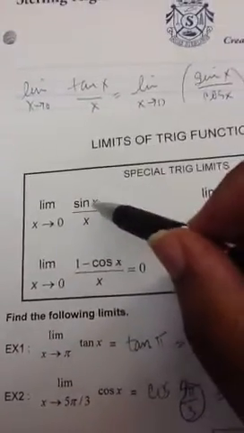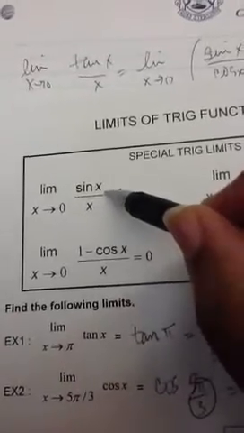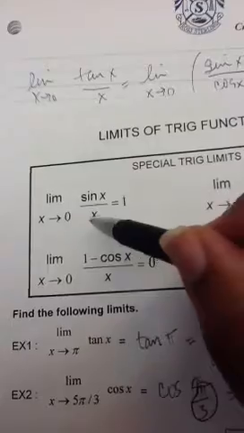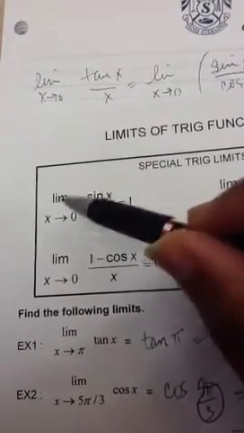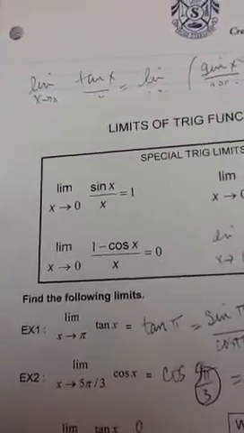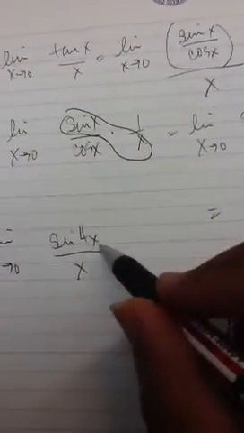Excuse me. Sine of x. X can be anything, right? So I have the sine of anything over that same anything will go to 1 when that anything goes to 0. Does that make sense? So anything here has to be 4x.